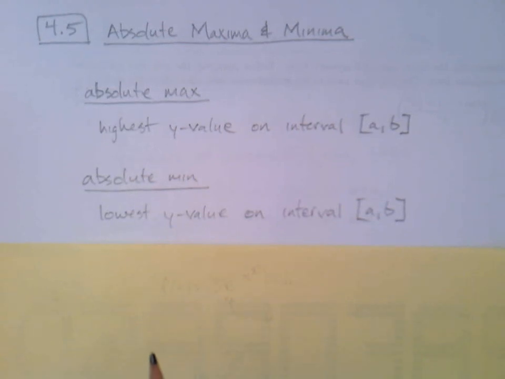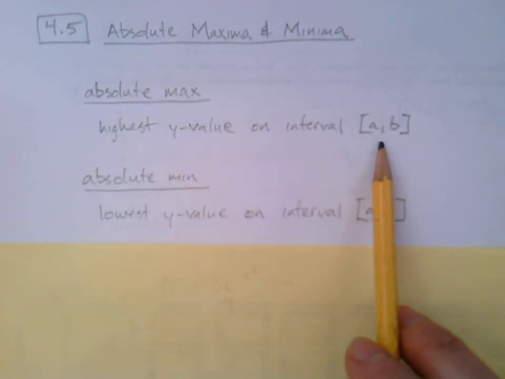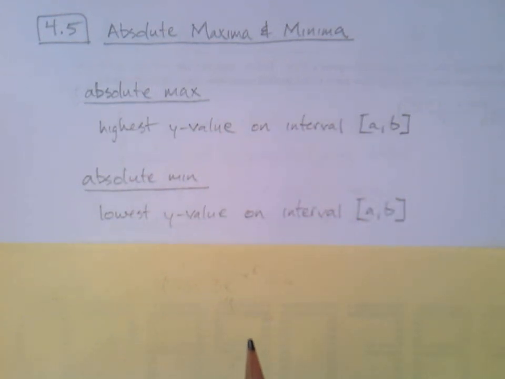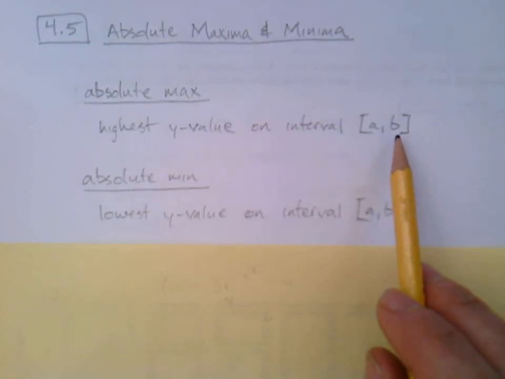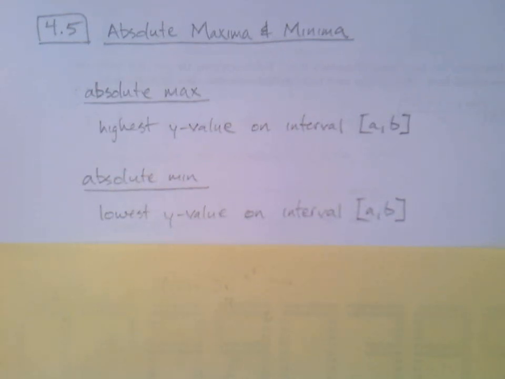For an absolute max, we just care about the y value, and it will always be on some interval. Even though the domain of the function might be all real numbers, we're going to restrict that domain, and we're going to say start at a, end at b. So we're going to see that in the examples we do. Similarly, the absolute min, well, that's the lowest y value on your interval.